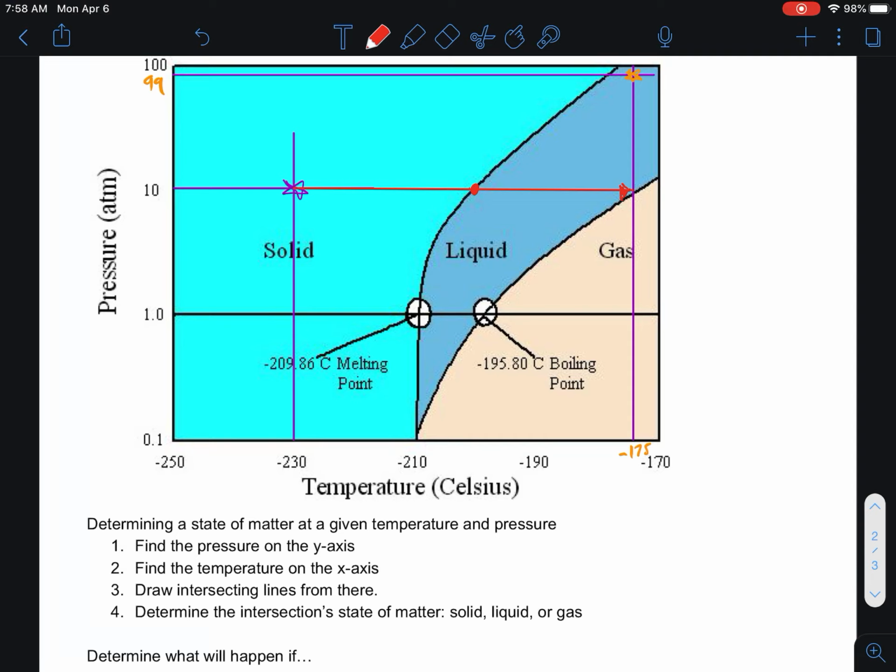Now, two stories could occur here. I could say, all right, what would happen if you now increase the pressure by 89? So now you're traveling up this line to that original orange that we had. You'd say the substance would still be a liquid.